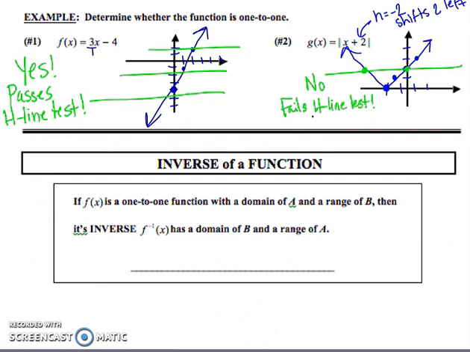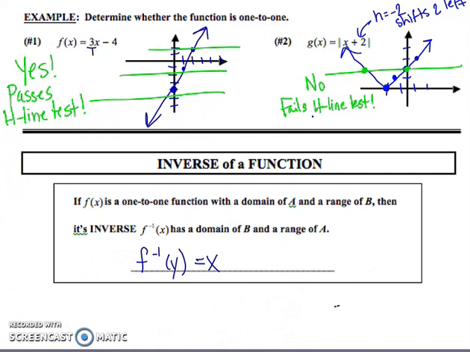Well, if f of x is a one-to-one function, with a domain of A and a range of B, then its inverse, f inverse of x, has a domain of B and a range of A. Basically what that means is that f inverse of y will be equal to x if and only if f of x equals y for any y value in B.